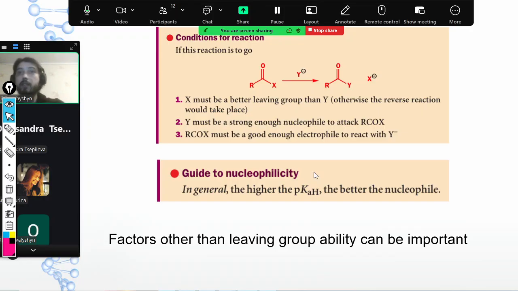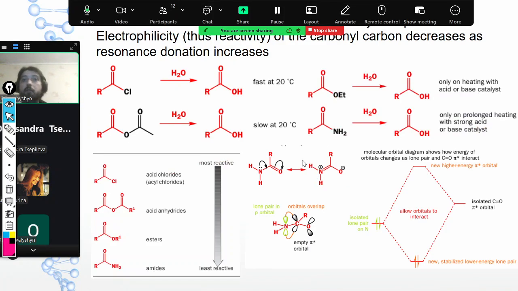Okay, there are certain other factors that are important, so I will not spend time on this. I just wanted to show you that we may have not only pulling electrons due to some sort of electronegativity, but at the same time we may have some partial donation of electrons due to the resonance.